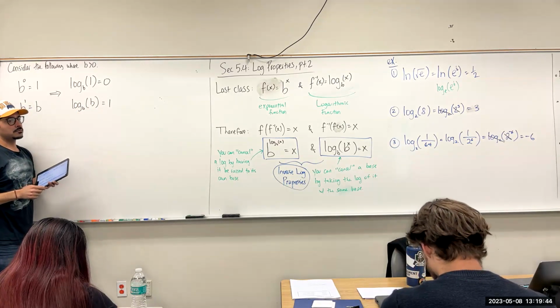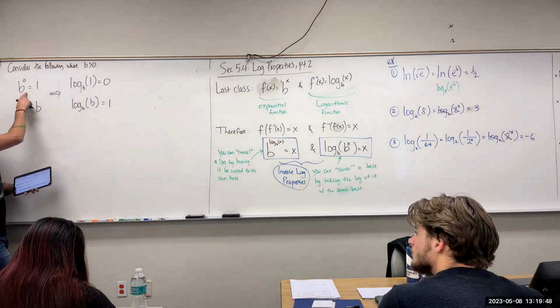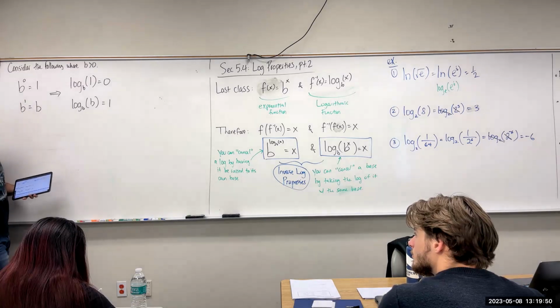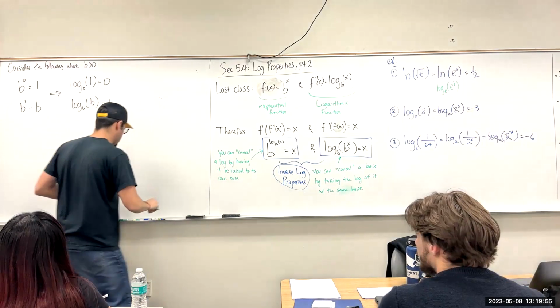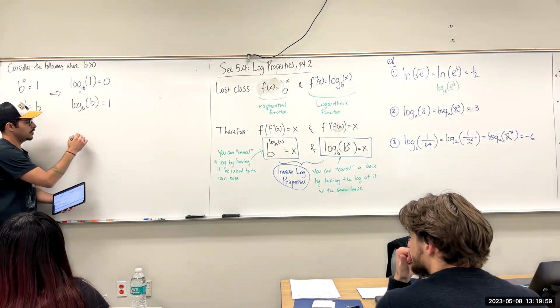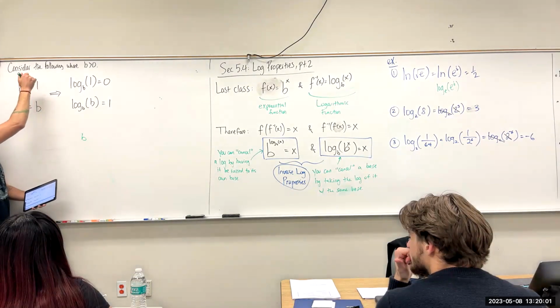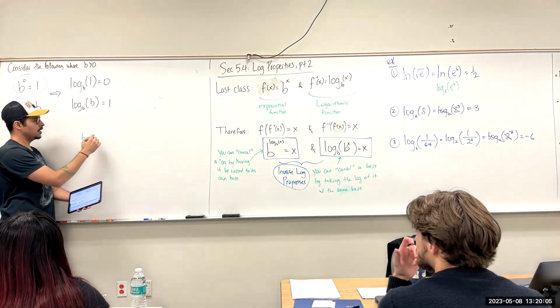Why not the exponents of zeros or one? Why is it that this particular scenario? Let me give you a fast explanation. So the question is, why is this true?